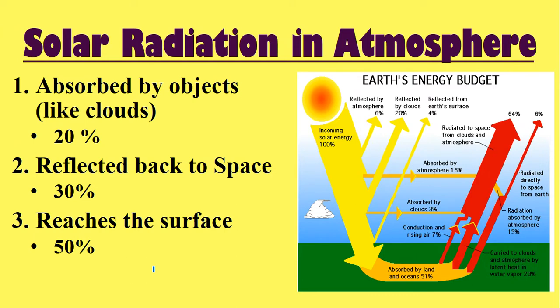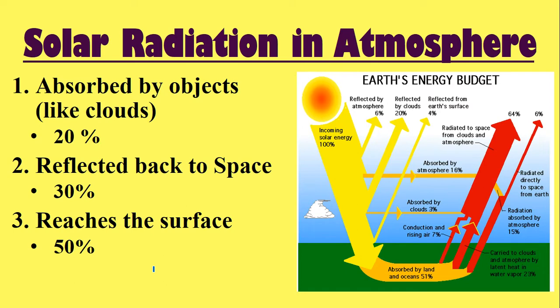Solar radiation in the atmosphere. As we talked about in a different video, the one right before this, the sun emits electromagnetic radiation to the Earth. Now, what happens to that solar radiation when it comes into the atmosphere? Well, about 20% of it gets absorbed by objects like clouds. 30% gets reflected back to space.